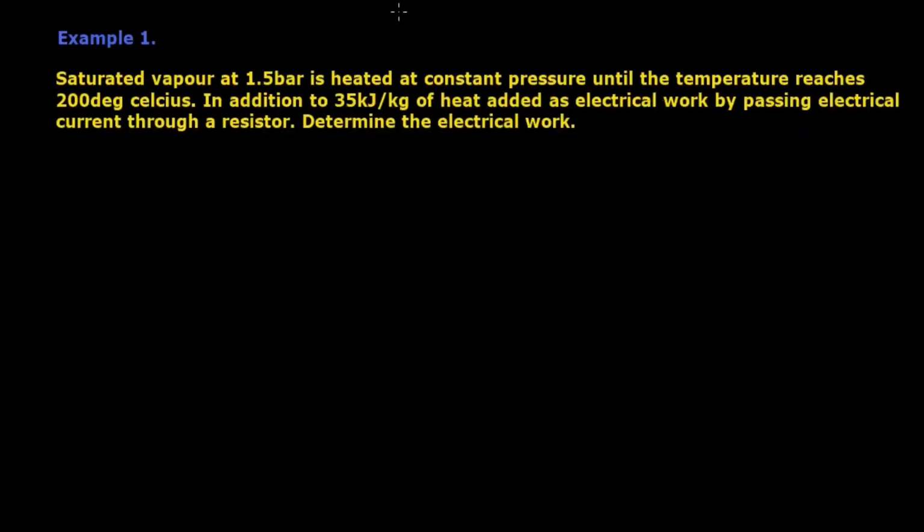Saturated vapor at 1.5 bar is heated at constant pressure until the temperature reaches 200 degrees Celsius, in addition to 35 kilojoule per kilogram of heat added as electrical work by passing electrical current through a resistor.